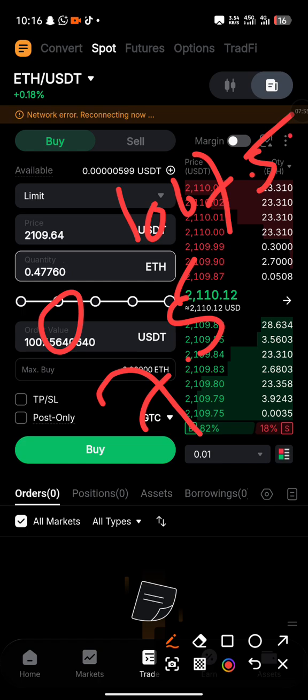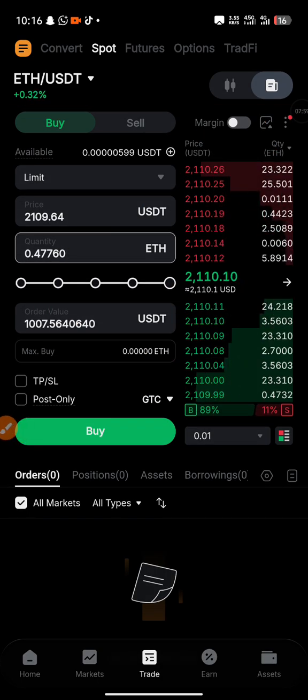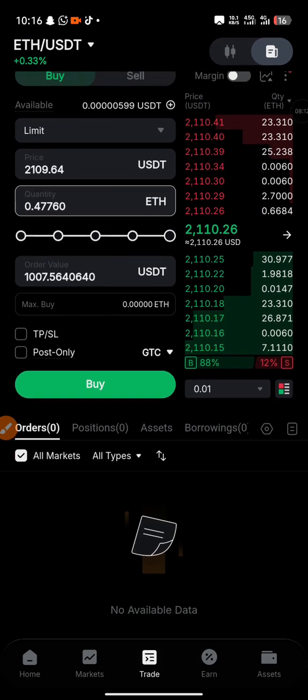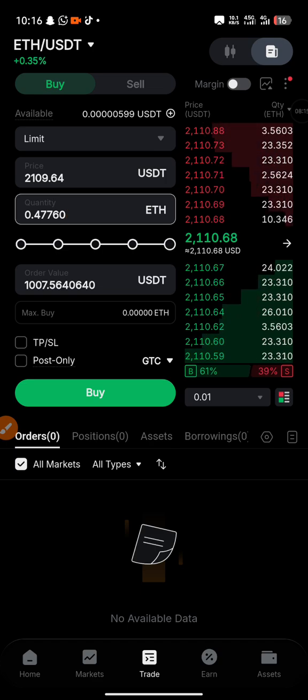All you need to do is make sure you have some available USDT, a reasonable amount, if you need a reasonable profit. Get a reasonable amount and you can make 7 to 10 USDT instantly without a waste of time.